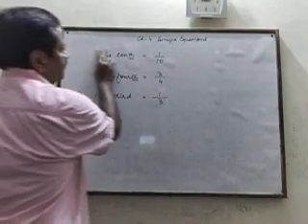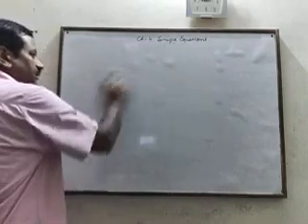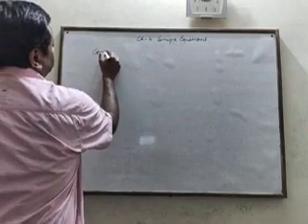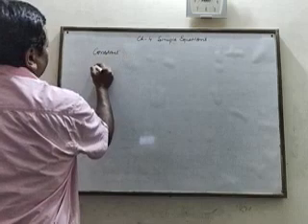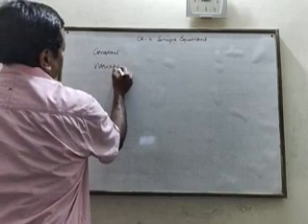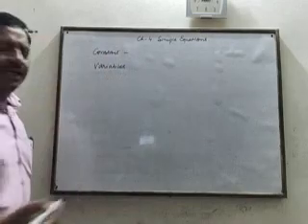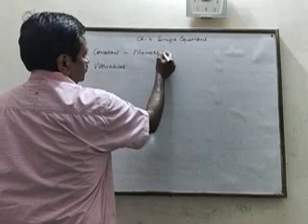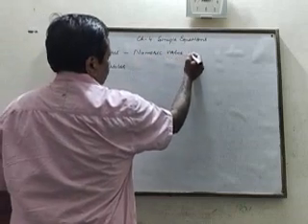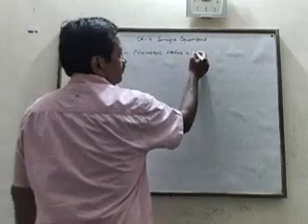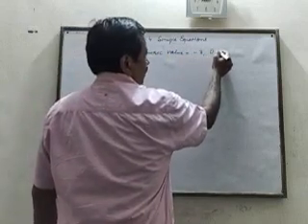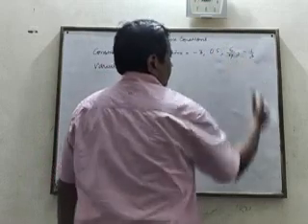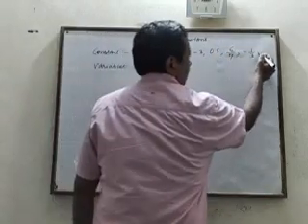Second thing, we must have the knowledge of constant and variable. So constant means numeric value, such as -3, 0.5, 6/7, -1/3, and so on.